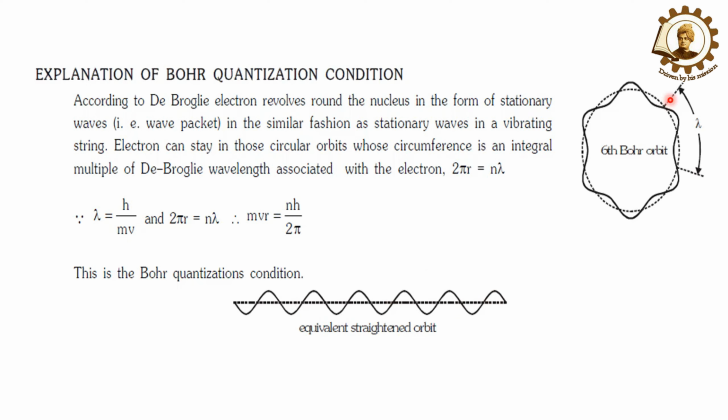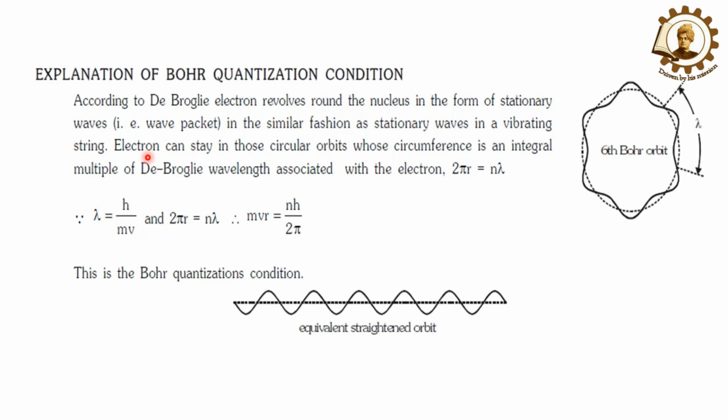So if you consider the number of complete waves produced by a revolving electron in an orbit, then we can write that 2 pi r, the circumference of that orbit, is equal to n times lambda. That means n number of complete waves.